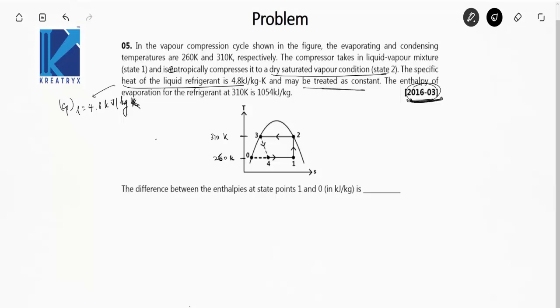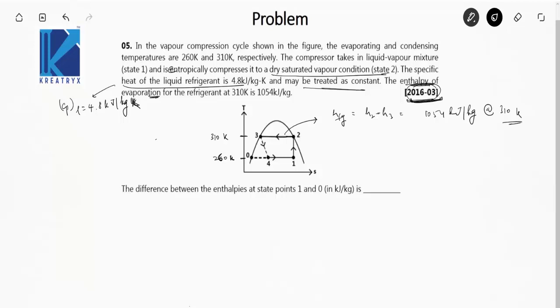The enthalpy of evaporation for the refrigerant at 310 Kelvin, that is HFG, is equal to H2 minus H3, and this is equal to 1054 kilojoule per kilogram at 310 Kelvin.